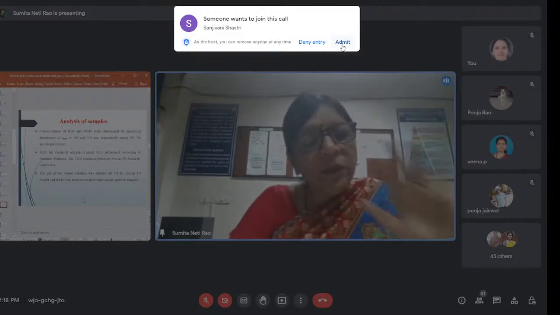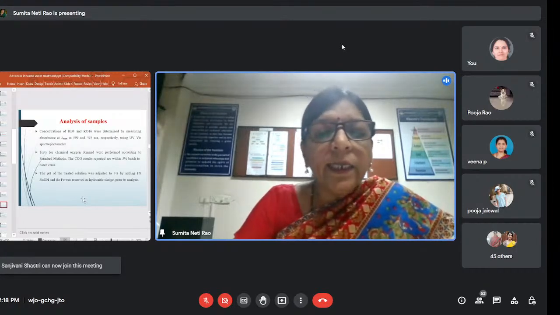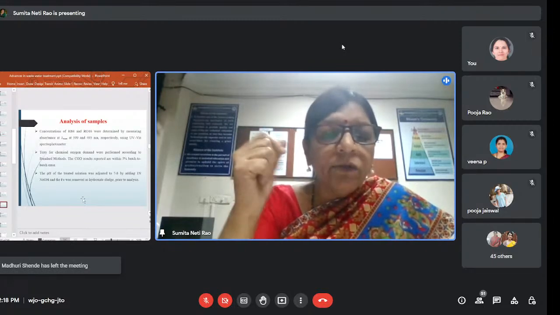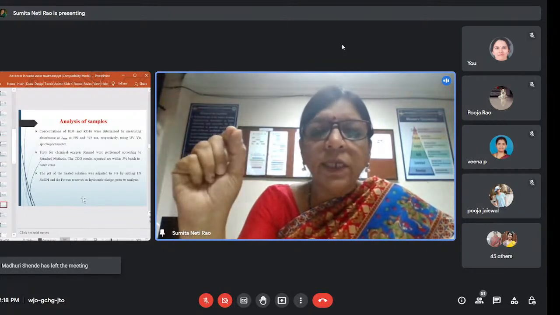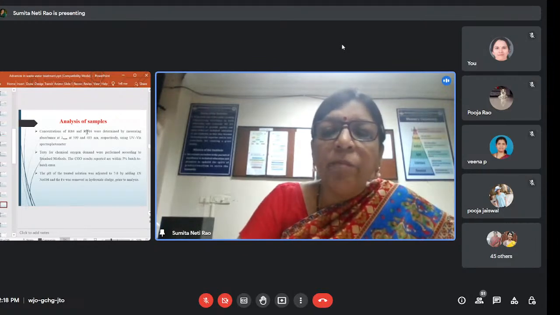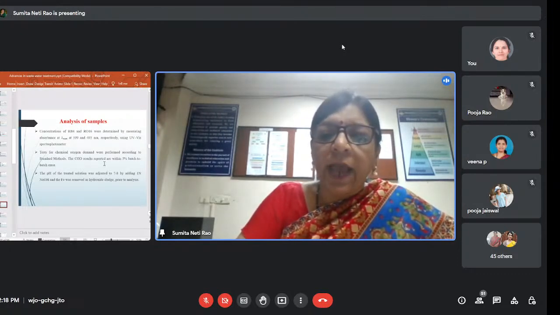When the doses were optimized, samples were analyzed by measuring the concentrations of RB4 and RO16 using a spectrophotometer, wherein the lambda max of RB4 of 599 and lambda max of RO16 of 493 was measured. Similarly, COD was measured using this batch reactor.